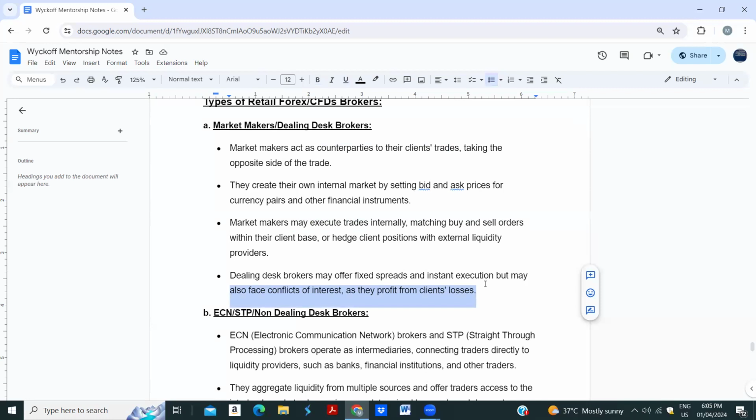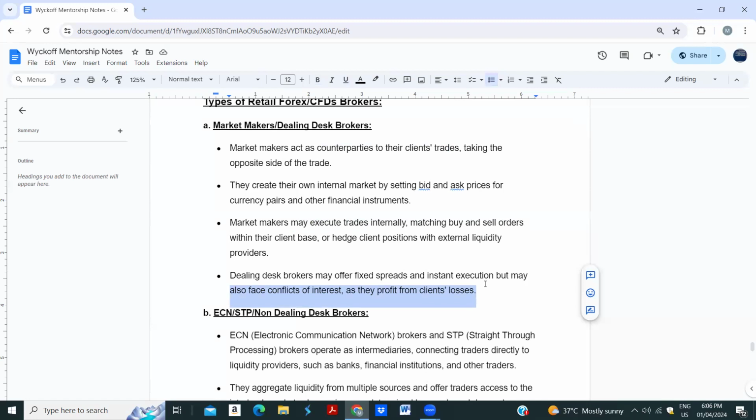Market makers may also execute trades internally, if they want to, by matching the buy and sell orders with their client base, or they can hedge the client position with an external liquidity provider. So these are the two functions of the market makers.